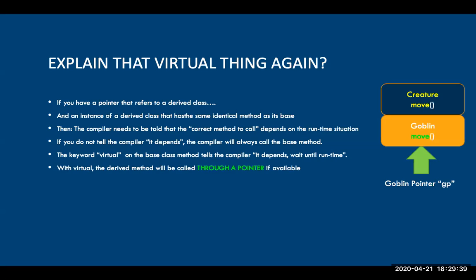And it has to be done through a pointer. It has to be done through a pointer. So if we try to do it through an instance, like in our first practice there, it's just not going to work, even if we had the virtual keyword in there. It'd be cool if it would, but it's got to be done through a pointer, which is not something that is totally obvious. And this pattern happens a lot.